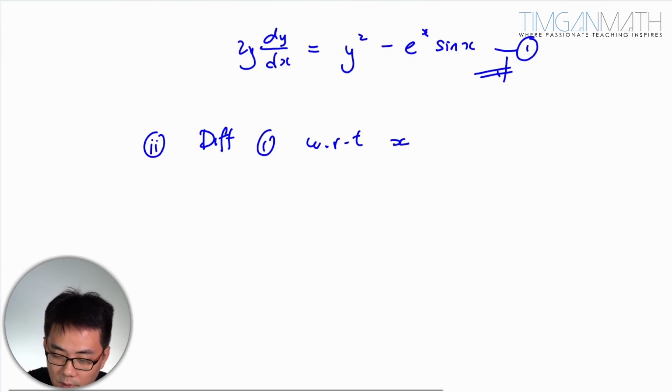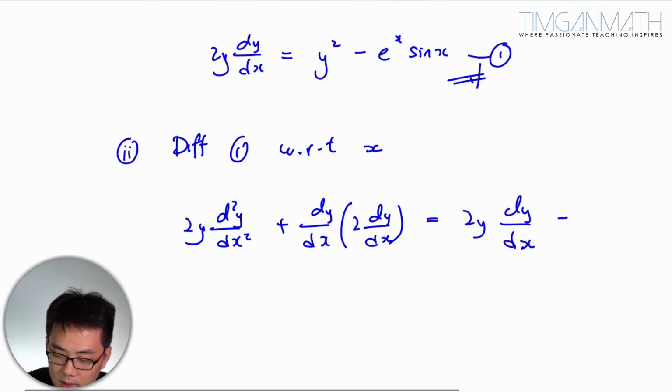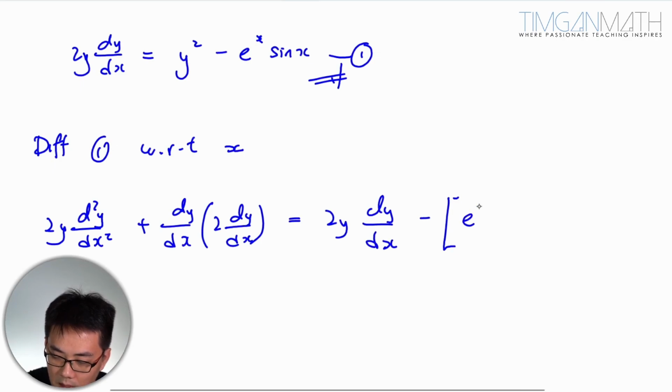This will be, keep the one on the right, d squared y/dx squared, plus dy/dx, keep the one on the right, differentiate the one on the left, will be 2 dy/dx. Okay, so keep the one on the left, differentiate the right, then 2y dy/dx, minus e^x cos x plus sine x e^x.